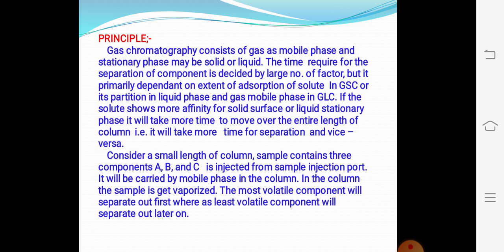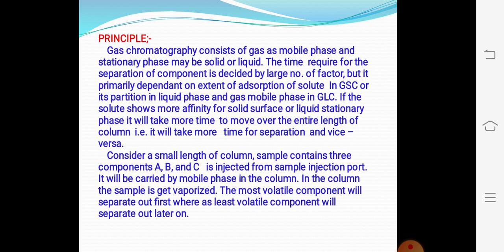The time required for the separation of a component is decided by a large number of factors, but it primarily depends on the extent of adsorption of the solute in GSC, or its partition between the liquid phase and the gas mobile phase in GLC. If the solute shows more affinity for the solid surface or liquid stationary phase, it will take more time to move over the entire length of the column, and so it will take more time for separation, and vice versa.